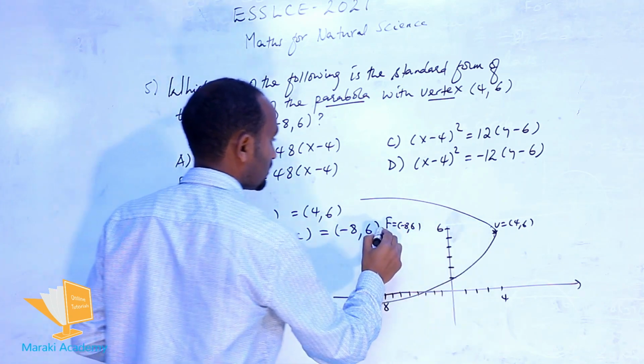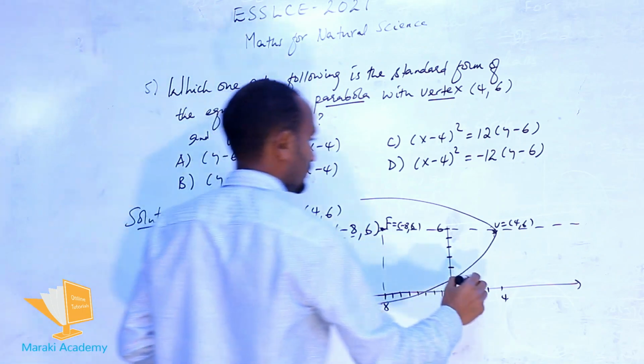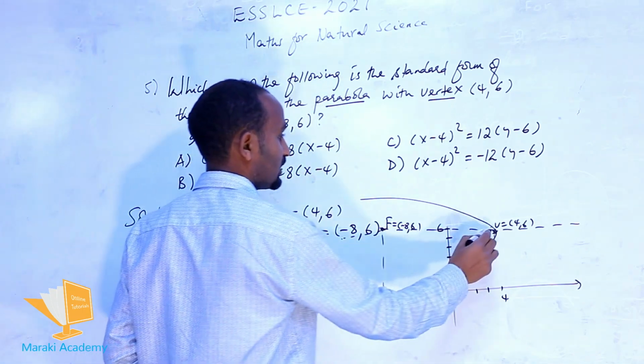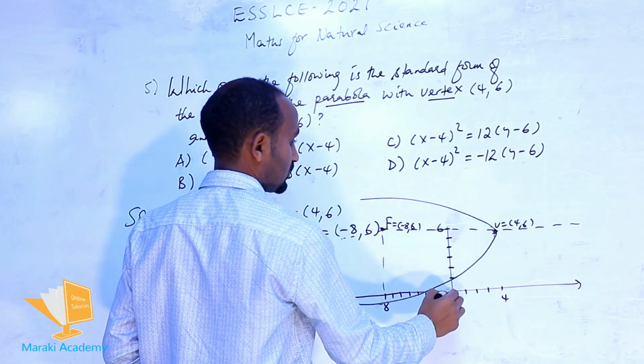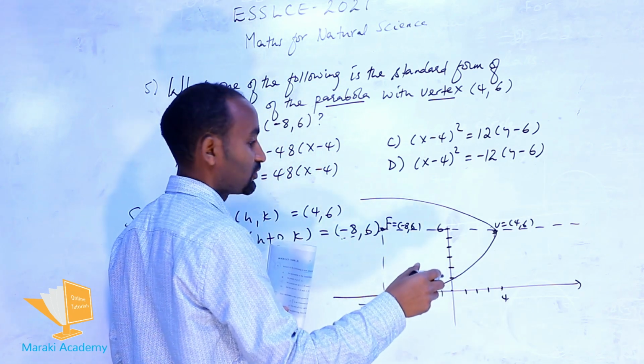So you have this line of symmetry. The distance between the focus and the vertex, 4 units to the right, 8 units to the left, is a total of 12 units of distance.